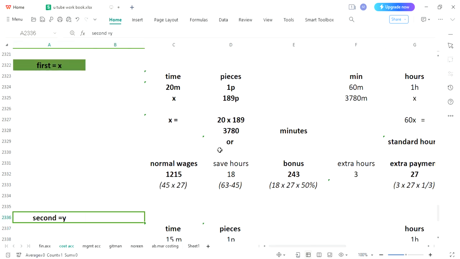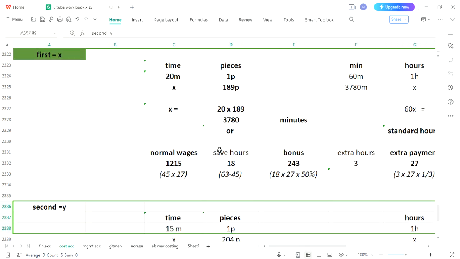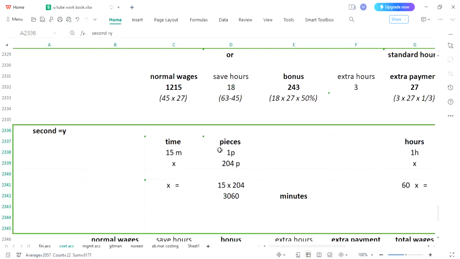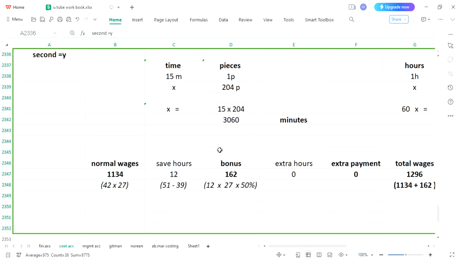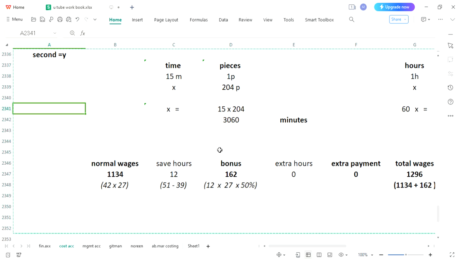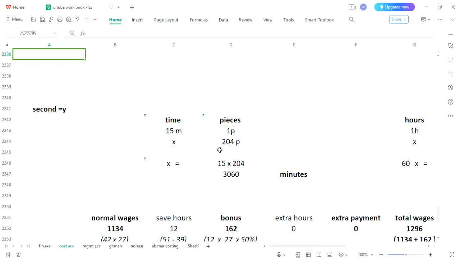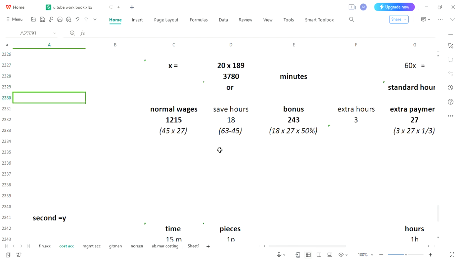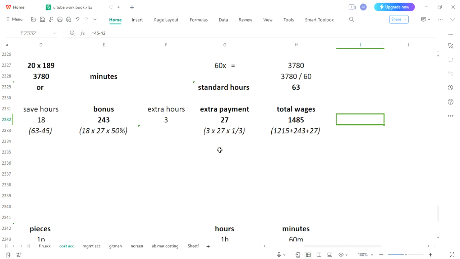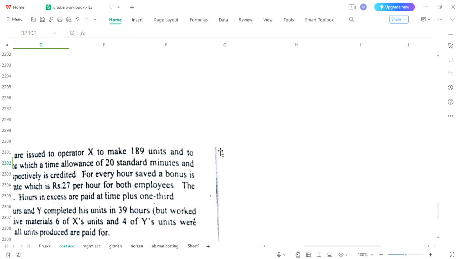So here we will make a little more space to calculate the next requirement. This is your first part and second part. Now please read it again.